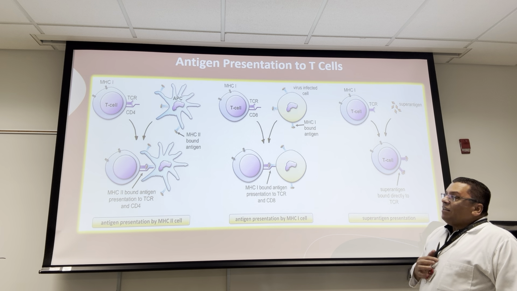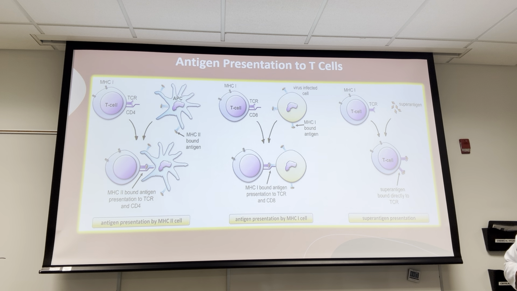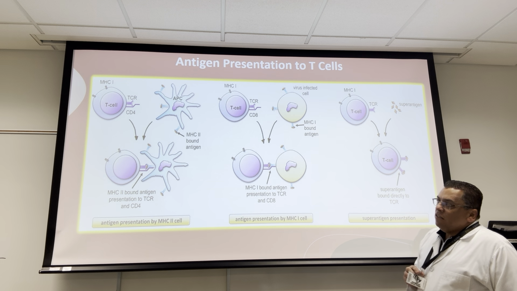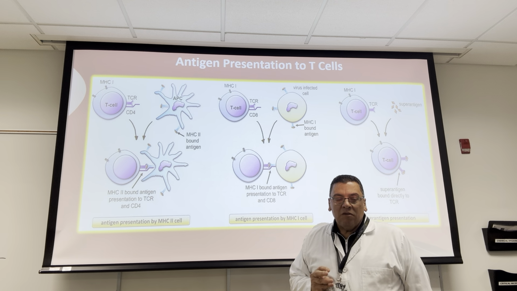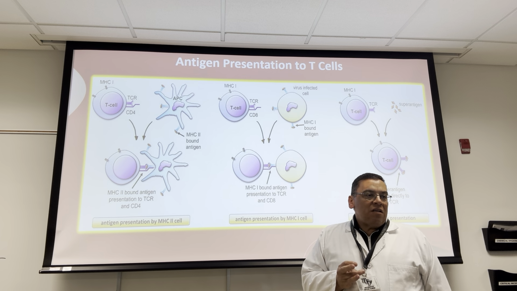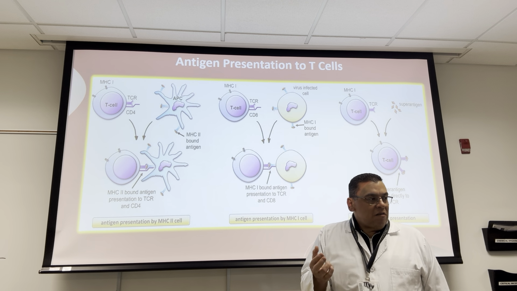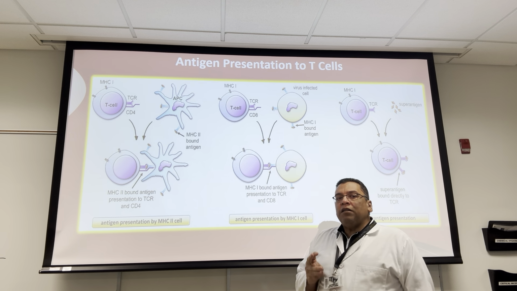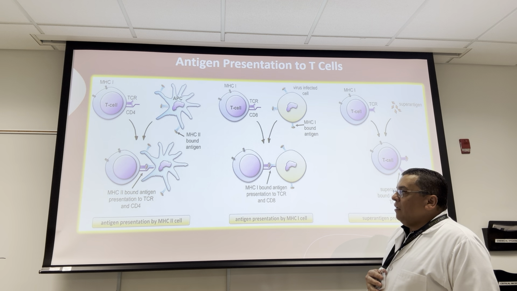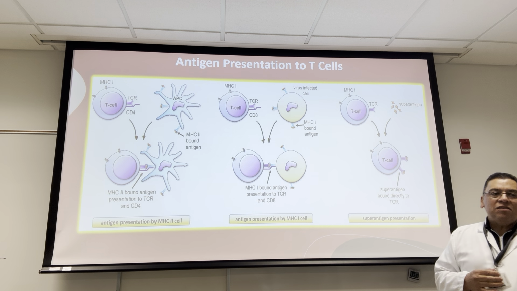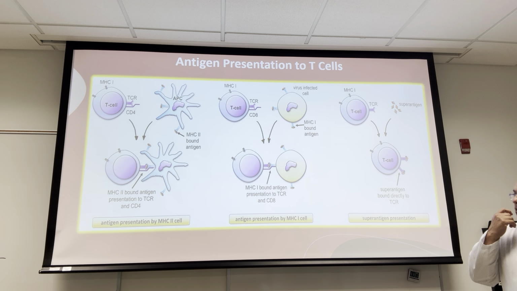The cytotoxic T cell will have a CD8. Again, the cytotoxic T cell has other CDs, but it's the only T cell that has CD8. So I'm gonna use that to identify.